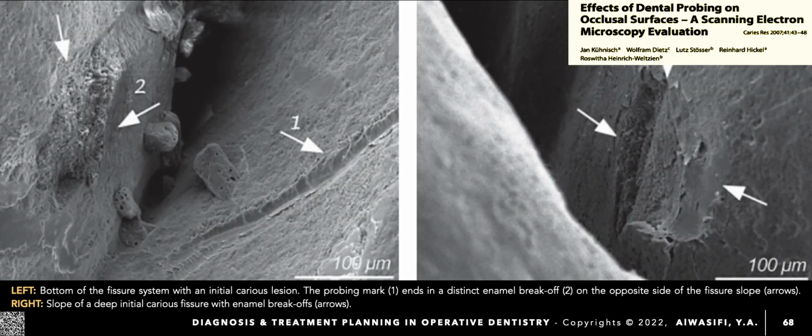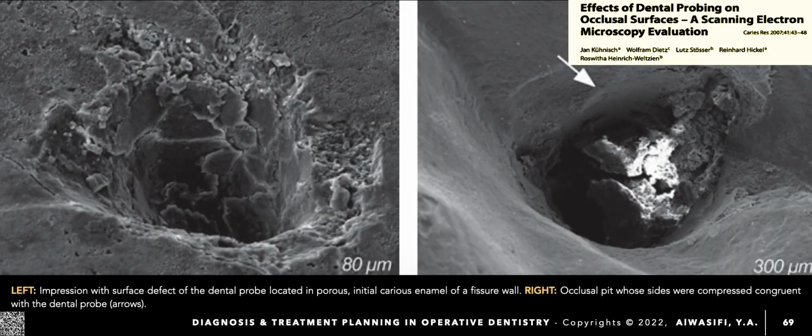Another one with higher magnification shows how much damage there is on both sides of your fissure. Another one shows the damage of the sharp tip of your explorer, and how it is not only breaking the interprismatic substance or breaking your enamel.